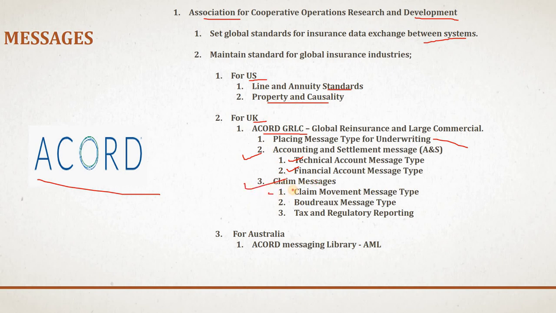Within the claim message type, they have a claim movement type, bureau message type, or tax and regulatory reporting message type. So these are the message types within the ACORD GLRC message, which is applicable for the UK.